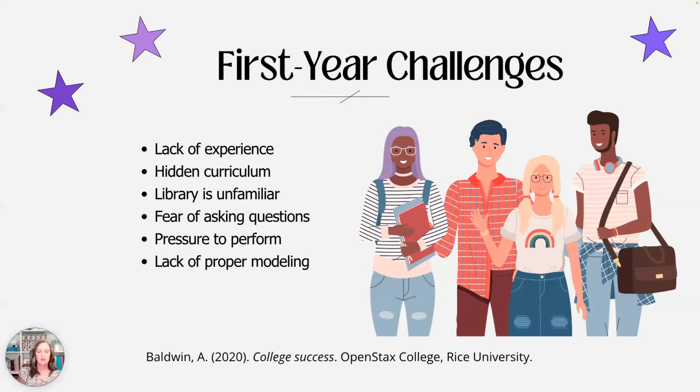Many sense that they're supposed to already know how college works, including the library, so they fear asking questions. This, coupled with the pressure to perform, can lead to plagiarism or the unethical use of tools like generative AI. So with those challenges in mind, modeling for students how to use these tools can help put them on a path to success.